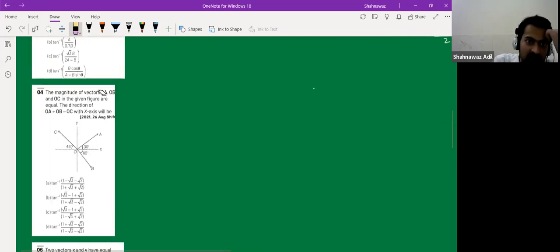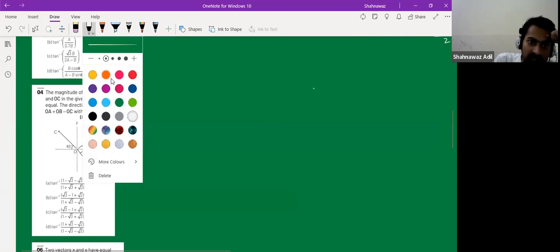The magnitude of vectors OA, OB, and OC in the given figure are equal. So what is the important information that is given?